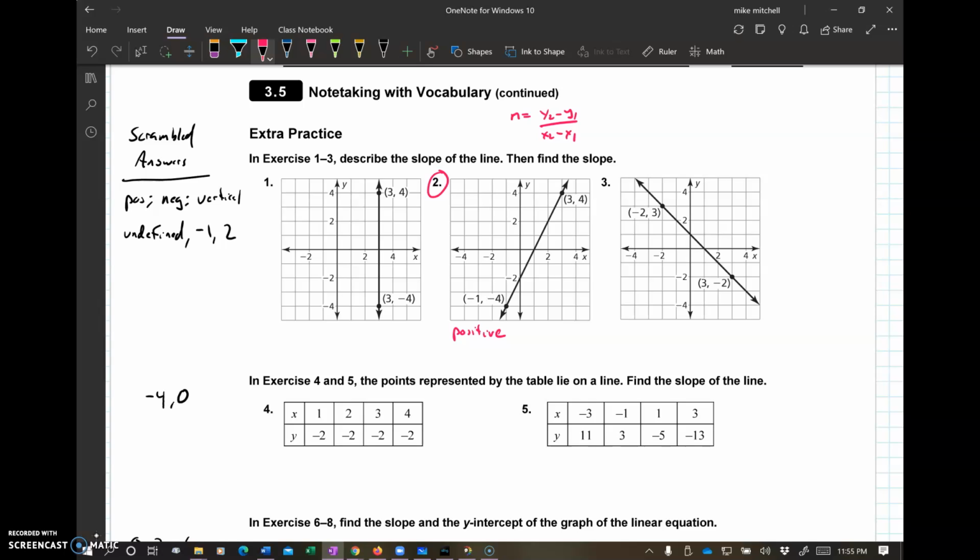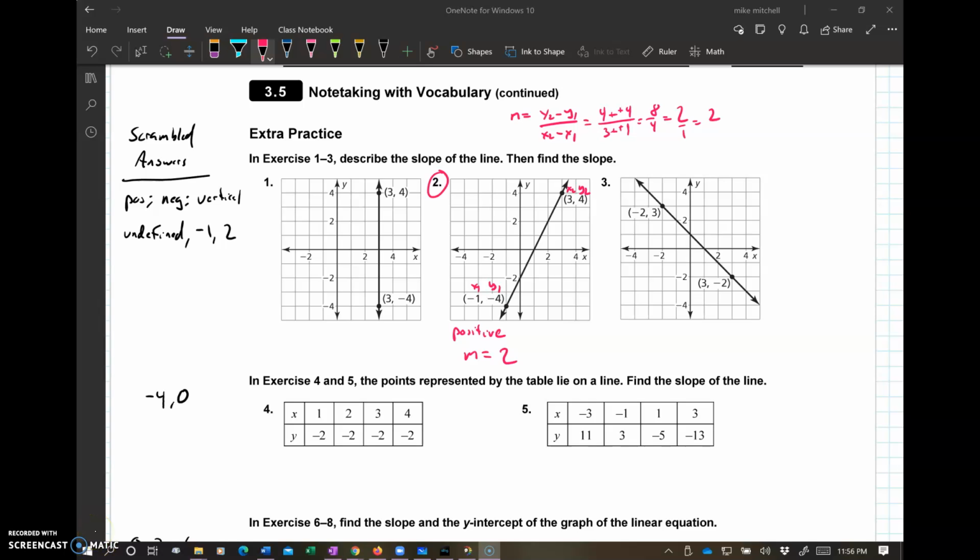That gives me 4 minus a negative 4 over 3 minus a negative 1. Notice the minus from the equation and the minus from the points both need to go in there. That goes to plus a positive. That's going to give me 8 over 4, which reduces to 2 over 1, or just 2. So my slope is equal to 2.